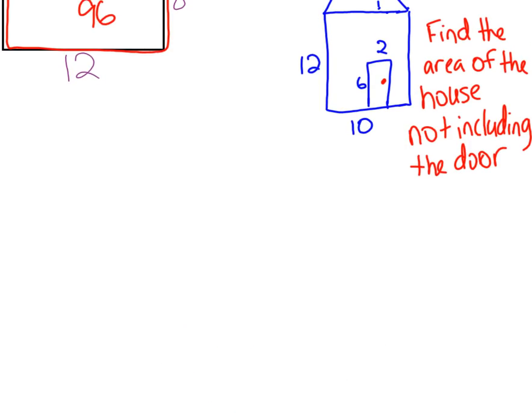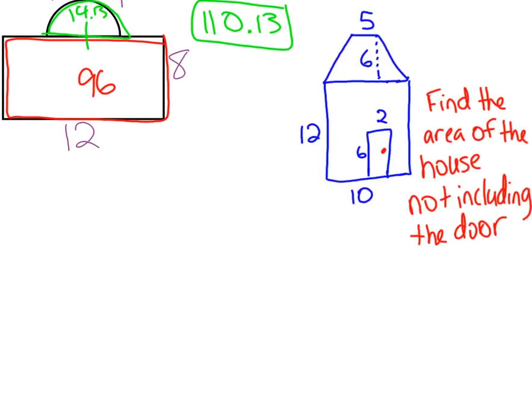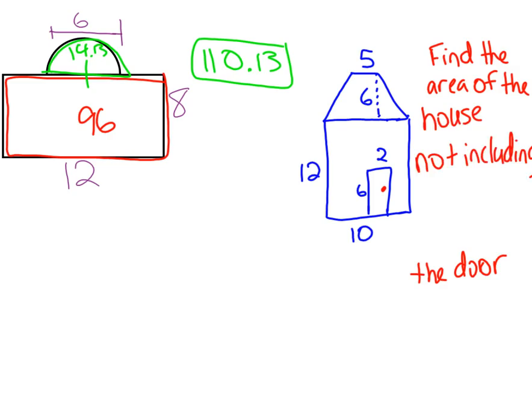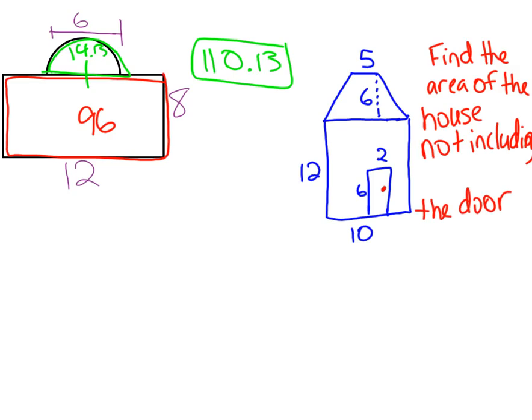Alright, the house is a little bit simpler just because there's some decimals, but they're not as bad. So we're finding the area of this without the door. So we can start with this rectangle bottom here. So that'd be 12 times 10, which is 120. But included in that is the door, which we don't want.